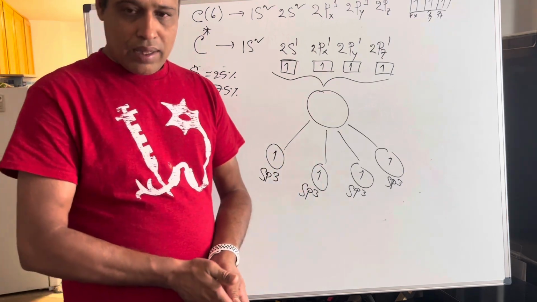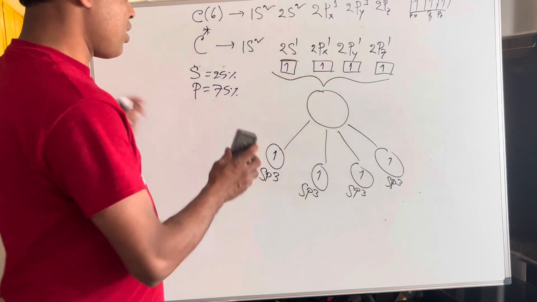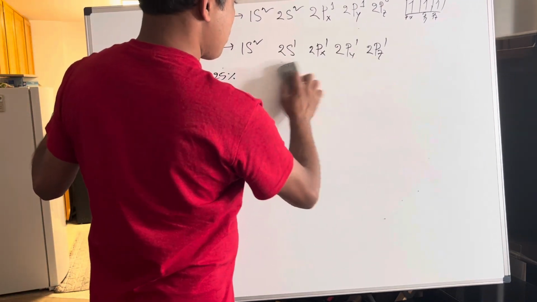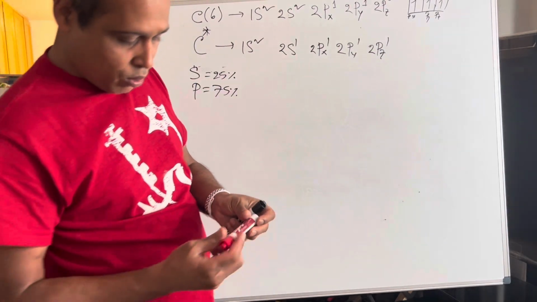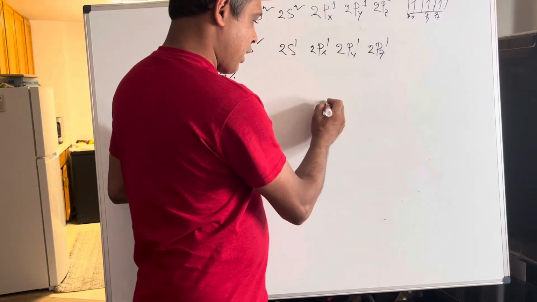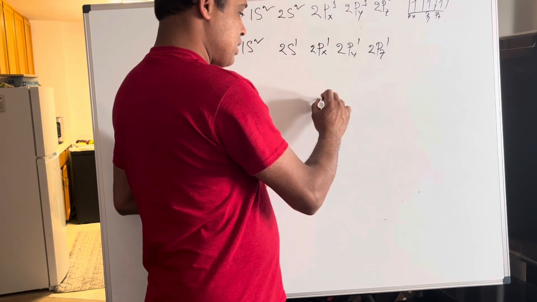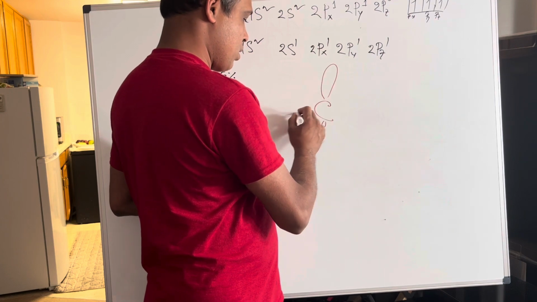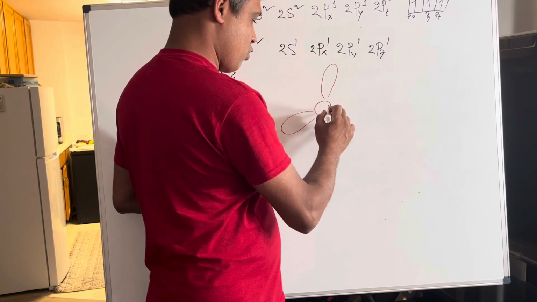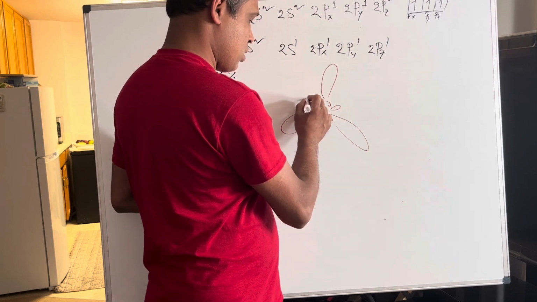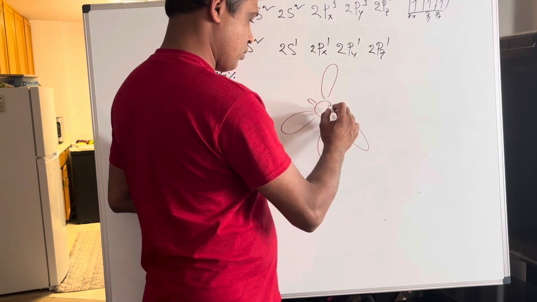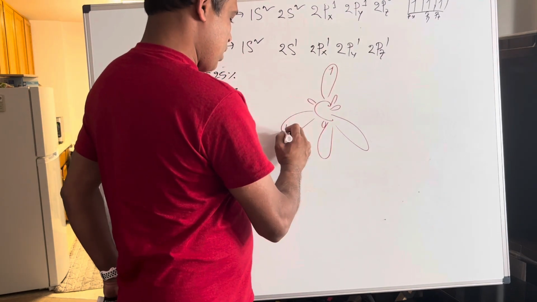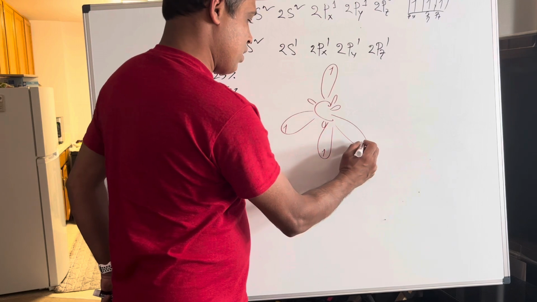So with sp3 hybridization, now we can think about how carbon actually forms bonds and what the properties are. Carbon produces four new bonds, each with a single electron in this hybridized orbital.